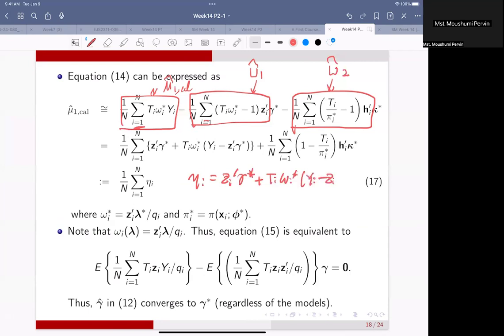Of course, this is actually y_i gamma star plus (1 minus t_i) star h_i kappa star. So this is basically eta i. So this is already the linearized version.